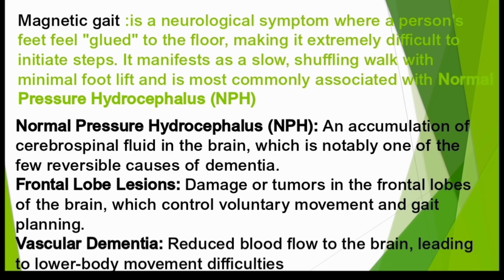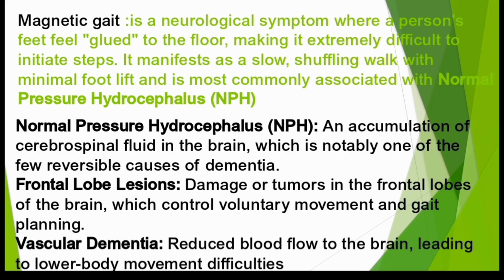I already said, an accumulation of cerebrospinal fluid in the brain, which is notably one of the few reversible causes for dementia. Then frontal lobe lesions can also lead to magnetic gait. Then vascular dementia, already said.